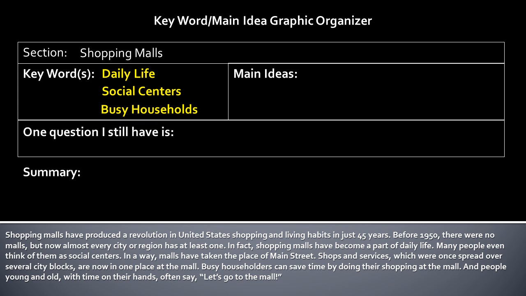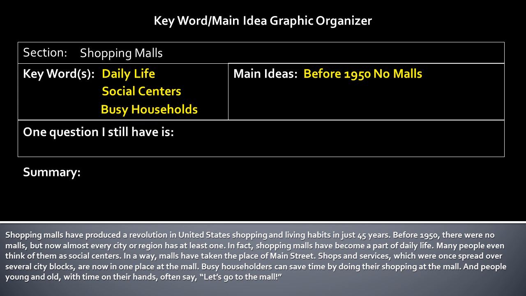But those aren't all the keywords or main ideas. We can't just lump them into one. We've got to know what the main idea is, and we know that before 1950 there were no malls. Actually, the first mall is just a little bit to the west of Minneapolis proper, featured in a few different shows.